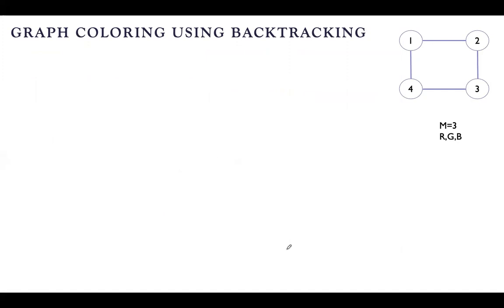There is a graph with 4 vertices and you are given 3 colors. You must color this graph using these 3 colors. Okay, it is not that you will just find one possible combination. You have to find all possible combinations of RGB to color this graph using these 3 colors.